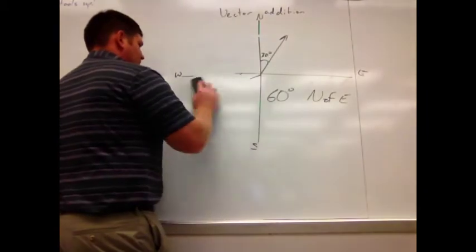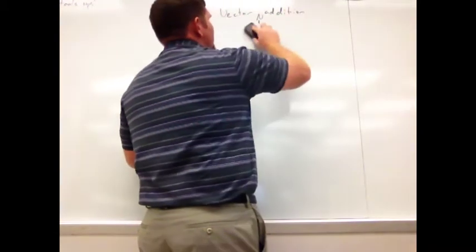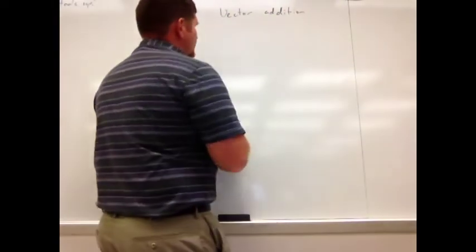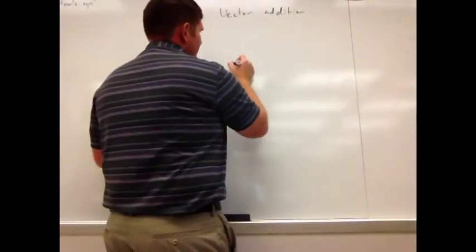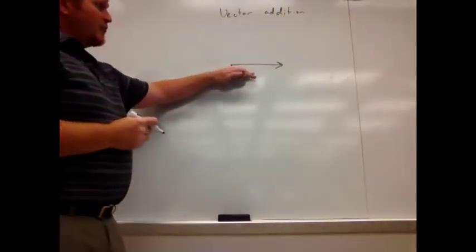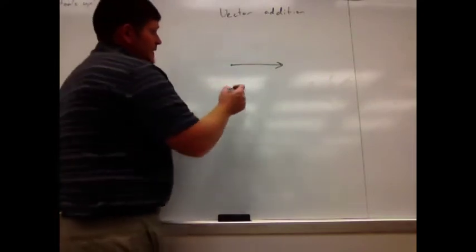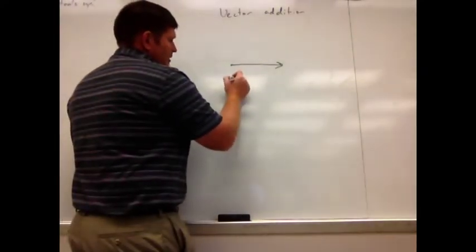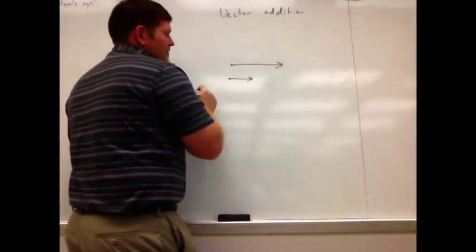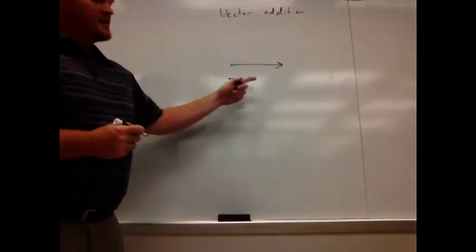Okay, let's add some vectors. Now remember, when we draw vectors, we represent them with direction and magnitude. So if I have one going this way, and a vector at the same angle going this way, my magnitude is going to be higher on that first one than the second one I just drew. Both of them have the same direction.